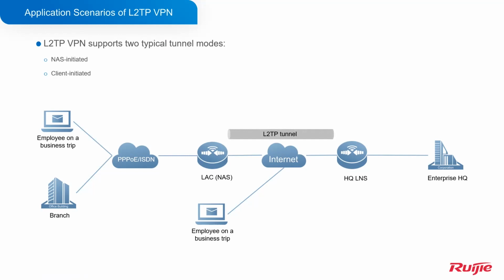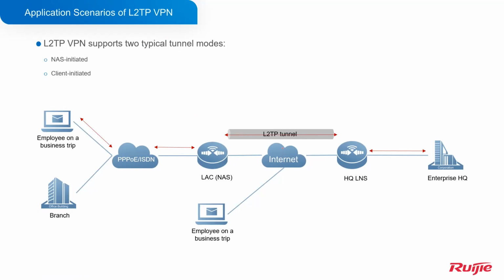Then lots of terminals or branches can use the same L2TP tunnel to visit each other. The employee can send out a private message through the PPPoE network or the ISDN network, and then it enters our NAS device, and then uses our tunnel to pass through the public network, and the headquarters router receives it. We can do the de-encapsulation and then forward the private message to the headquarters.